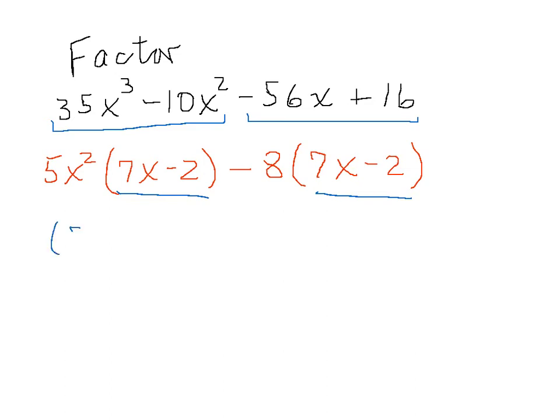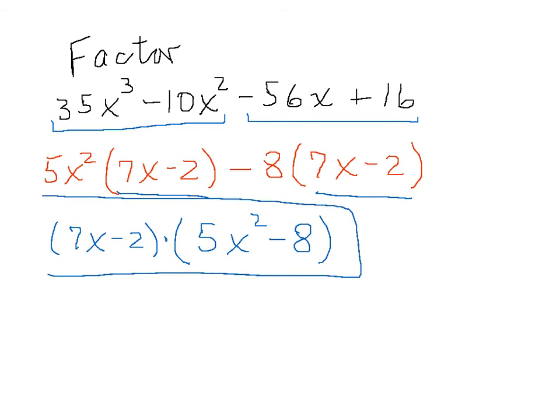So I can take 7x minus 2 out, that's my greatest common factor, and I'm left with 5x squared minus 8. And here we are in factored form. It's really cool, I like grouping. It's kind of fun that you can look at something that looks as weird as this, long as that, four terms, and factor it just like that. Okay, we'll look at another example or two.